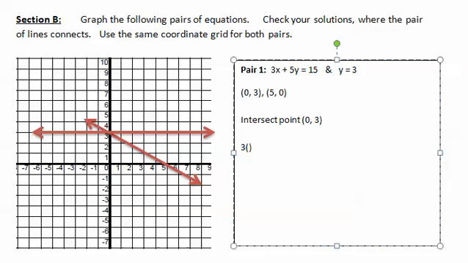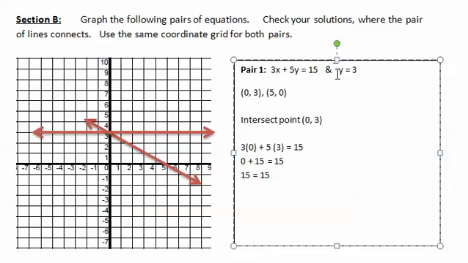So it's going to be 3 times 0 plus 5 times 3, and that should equal 15. Well, 3 times 0 is 0, and 5 times 3 is 15. Let's simplify that one step further. 15 equals 15. So we know that this first equation, 3x plus 5y equals 15, checks out.